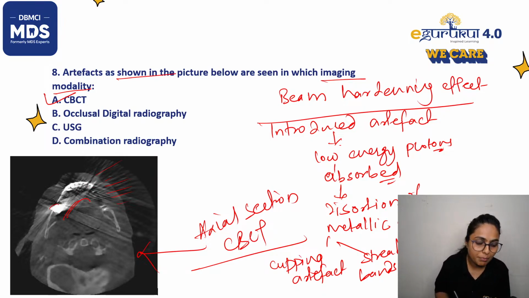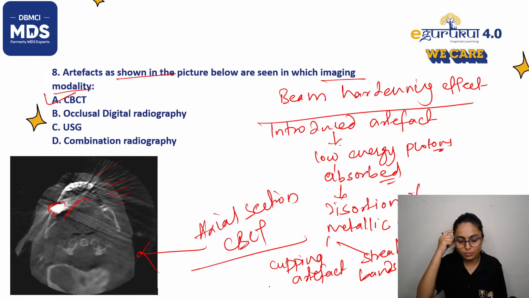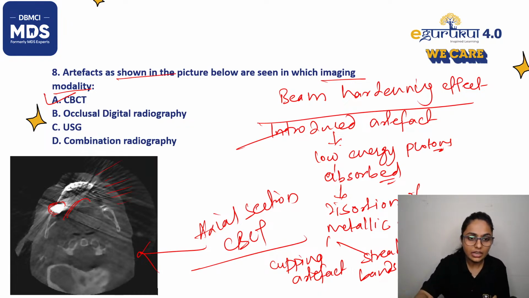And cupping effect is what? The shape of the metallic object or crown will be distorted due to differential absorption of the photons. So this is basically an introduced artifact seen in the CBCT.